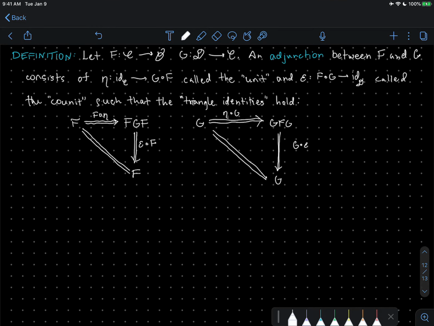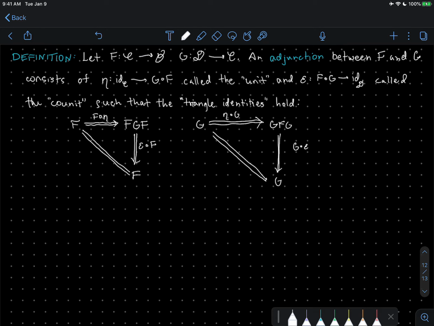Great. So our second definition, now let me go on to the second definition first.